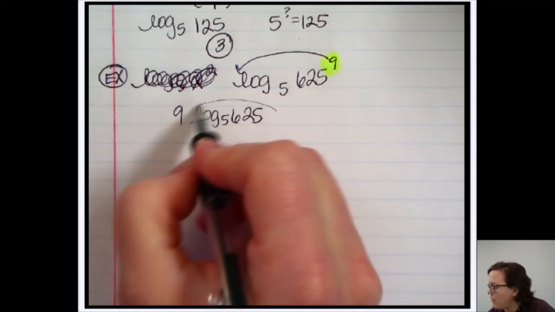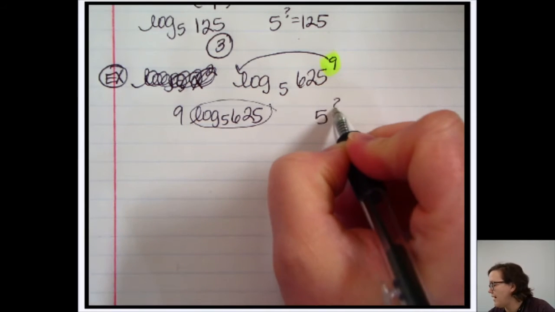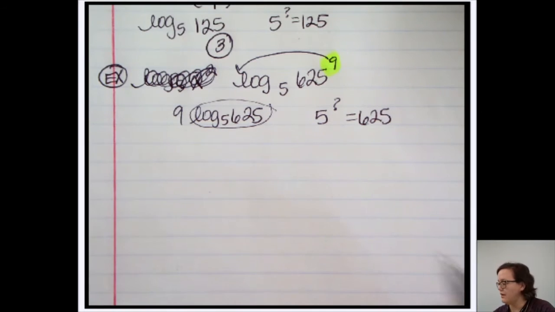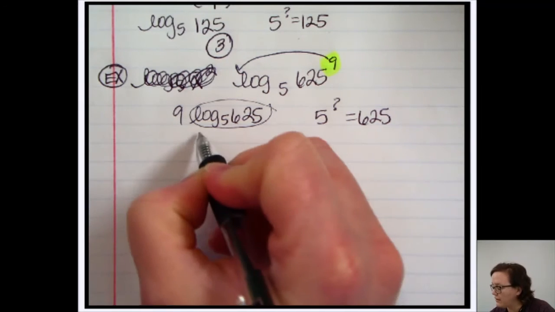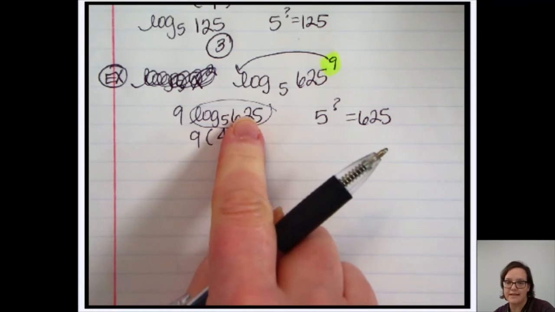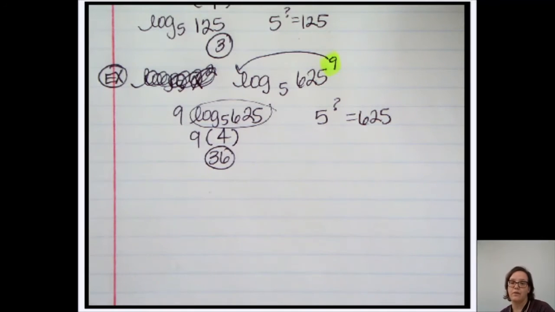If we find out this exponent, 5 to the what power is 625, our answer is 4. So we take 9 times 4, because the 4 replaces that. Our answer is 36. That is what you were doing last Thursday and Friday.